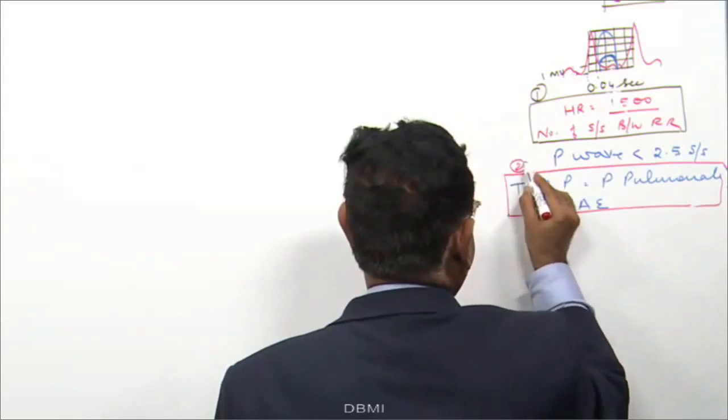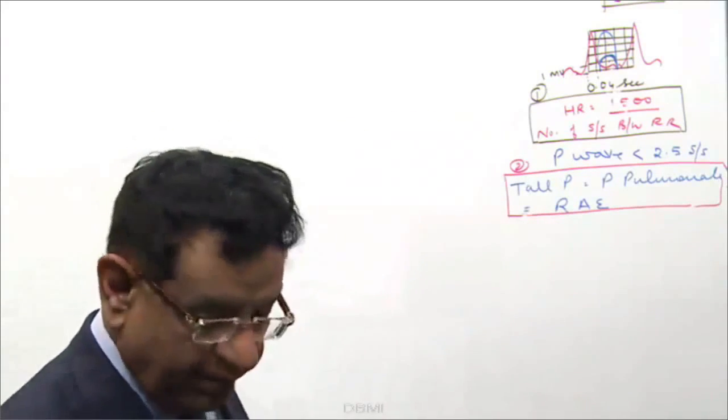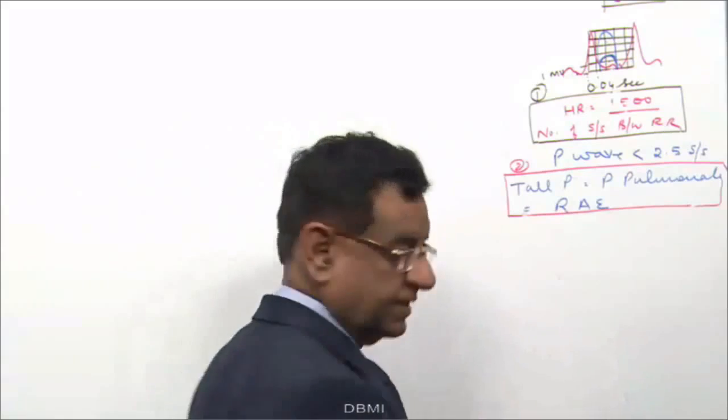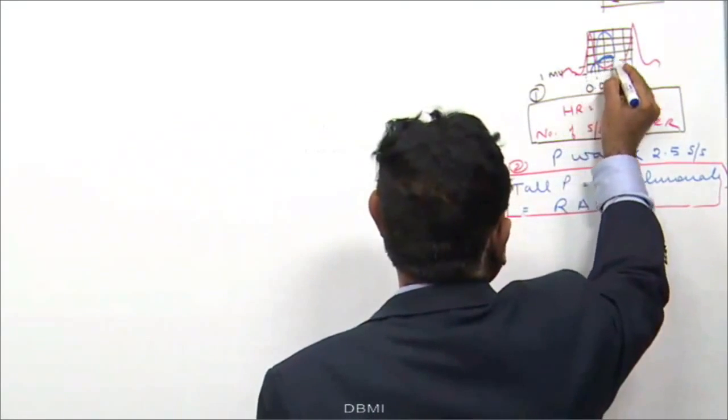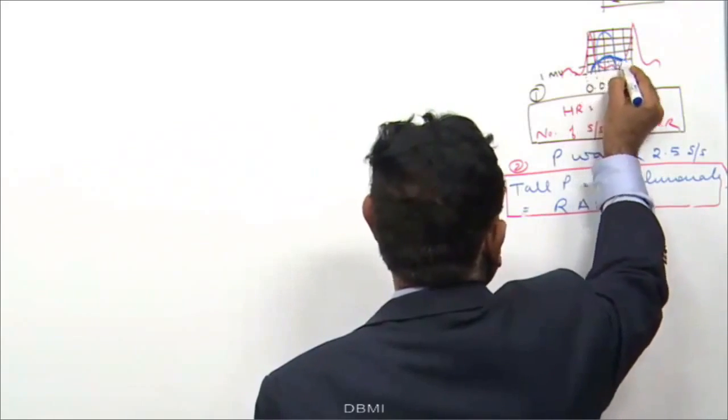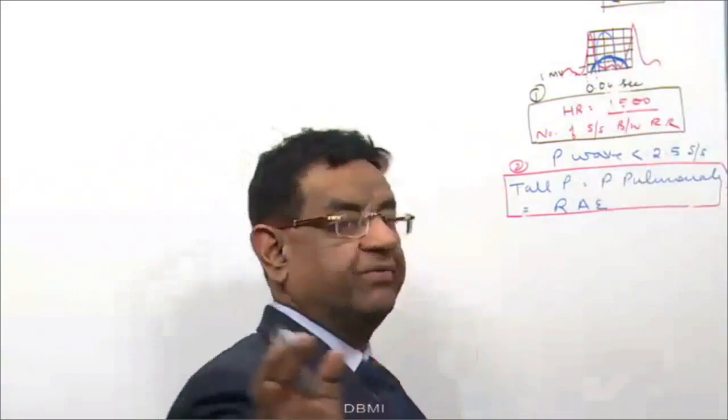And suppose you get a P wave like this. It's a wide P wave. Height is normal, but it's a wide P wave.